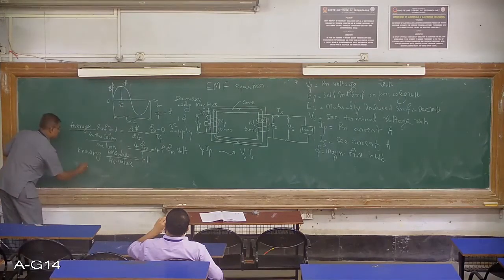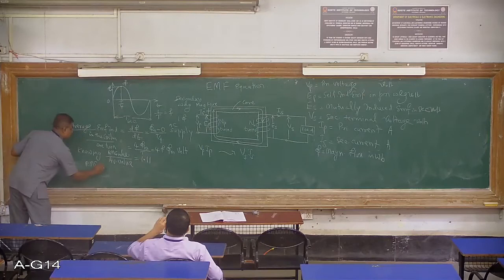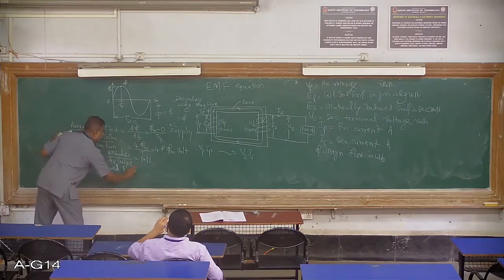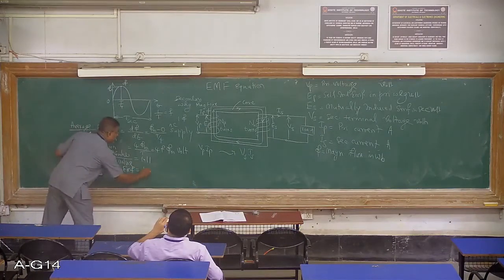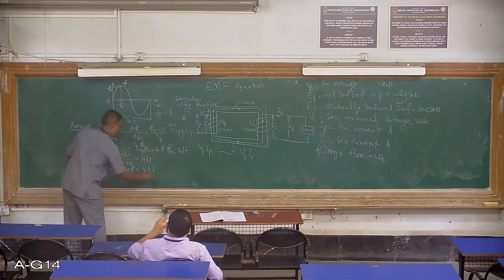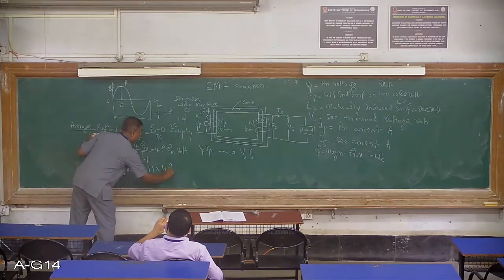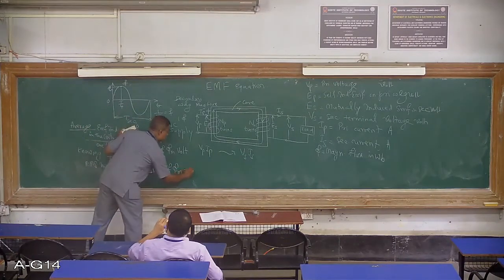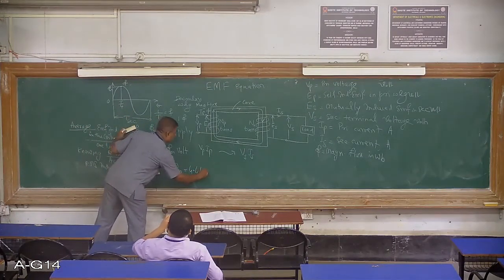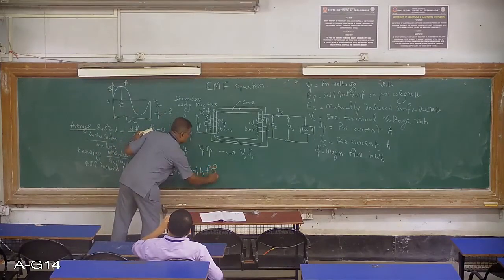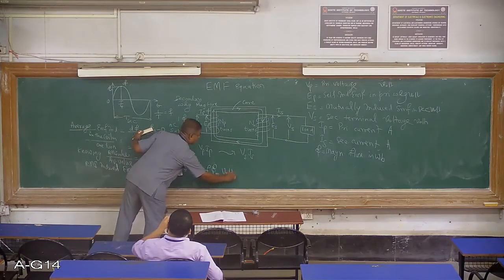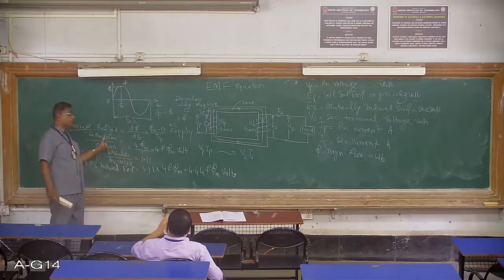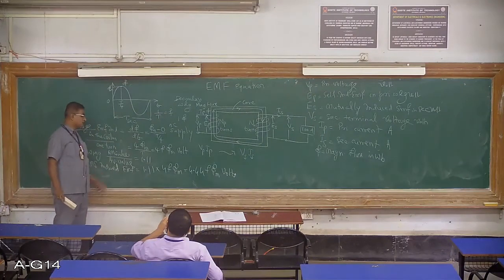The RMS induced EMF is 1.11 times the average value, which is 4 F phi m, which eventually becomes 4.44 F phi m volts. This voltage is in one turn. In one turn, this much voltage is induced.